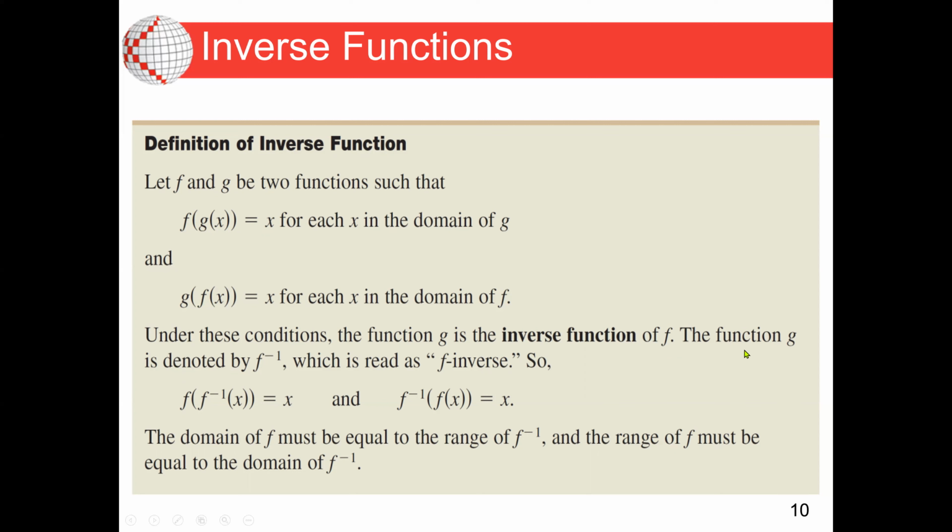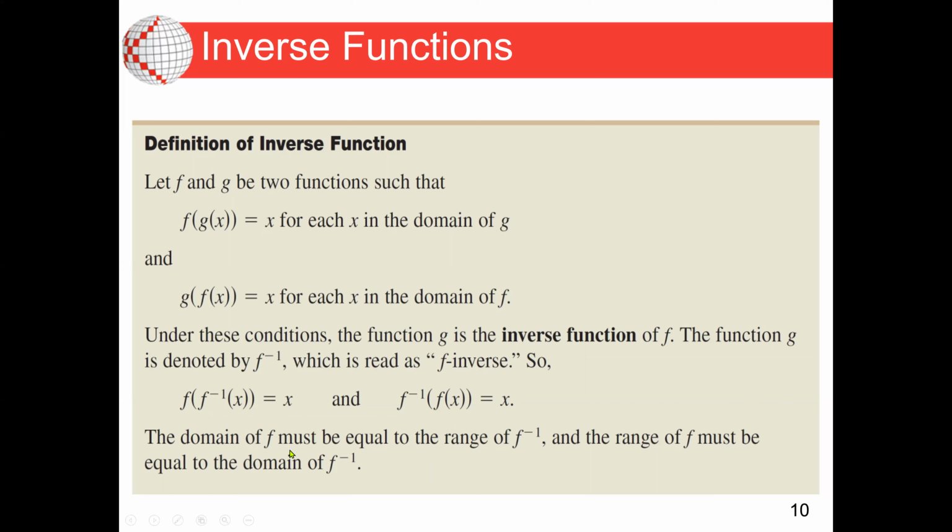Now, also the function g will be denoted by f to the power negative 1, which represents the inverse of f. So we can write f inverse of f of x equal to x. And also f inverse of f of x will also give us x.